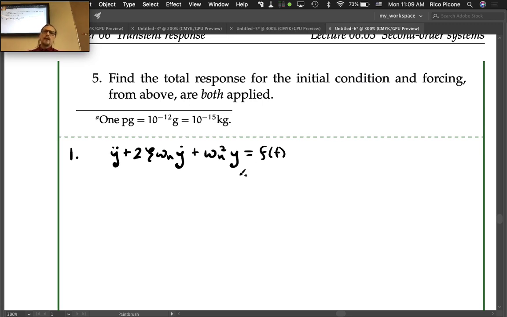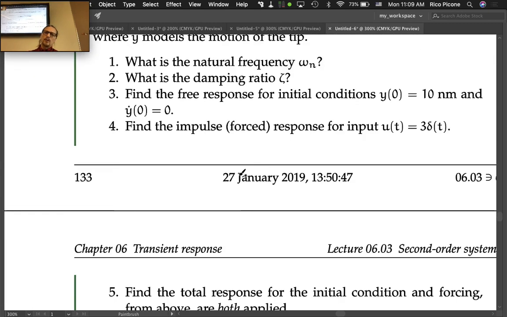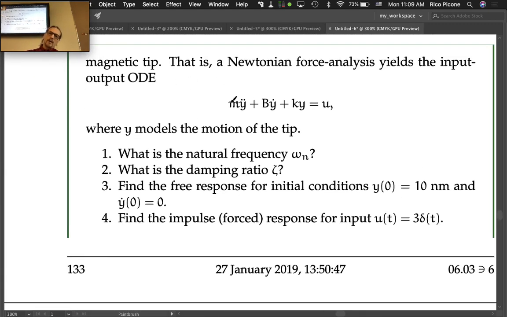So if we compare this standard form to the form that's given, we have this coefficient m in front of y double dot that we have to divide through in order to make that unity, right?